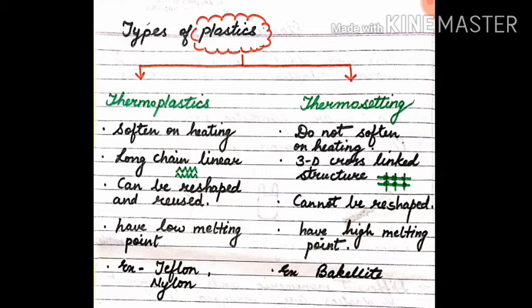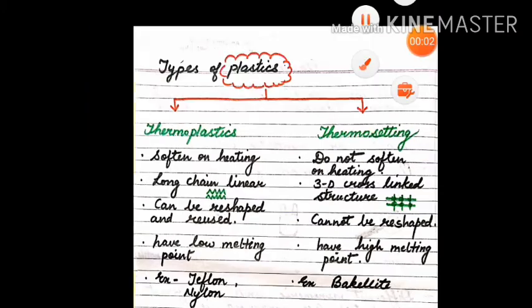Thermosetting plastics do not soften on heating, means thermosetting plastics are those that can be heated and molded into a shape only once. Thermoplastics can be reshaped and reused, but thermosetting plastics cannot be reshaped, means they cannot be given another shape by melting them again.